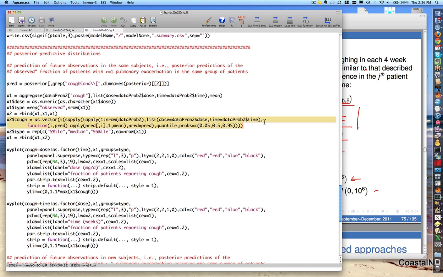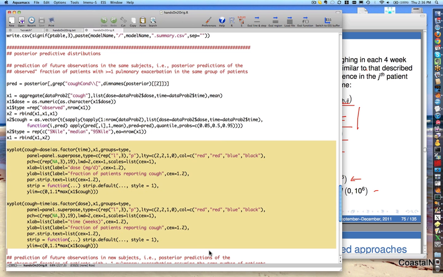Of course, for the model predictions, I'm doing that for every one of the MCMC samples, and then calculating the 5th, 50th, and 95th quantiles or percentiles for those predictions on each one of those, because we're going to plot those, pulling that all together, and then plotting that in a couple of ways down here.